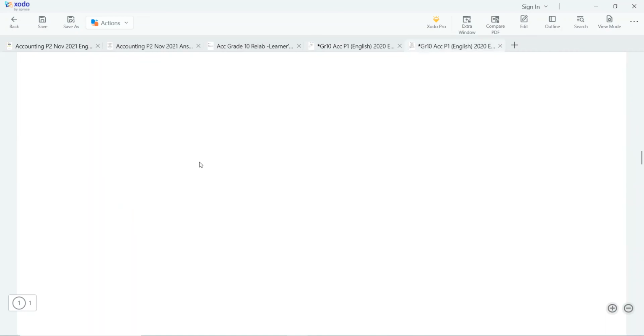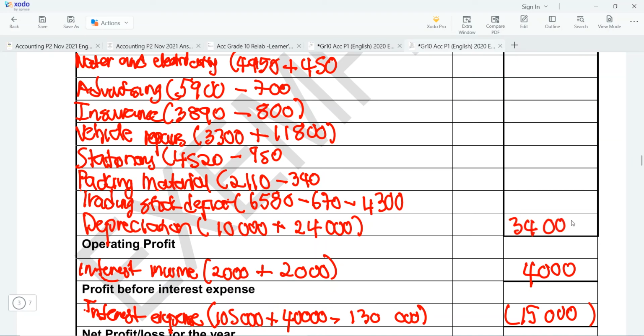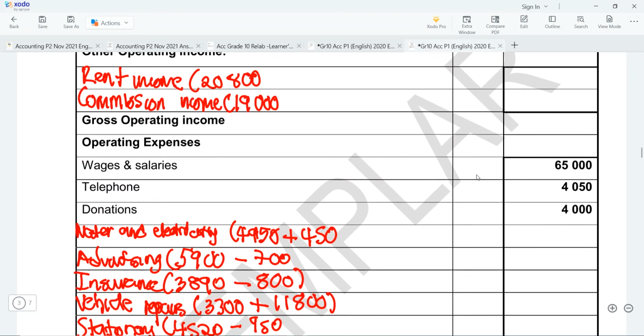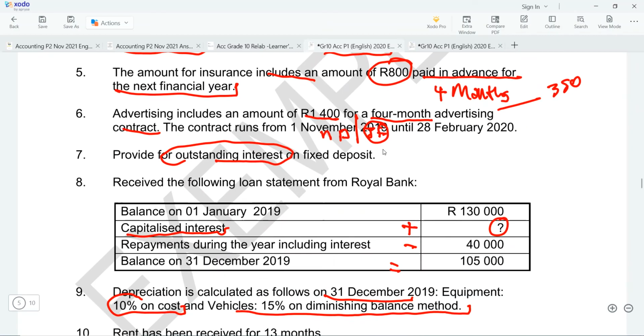So when we go to depreciation, we're going to say depreciation, 10,000 plus 24,000 that we calculated, and it will give us 34,000. Okay, and then from there we can just go and close off all our amounts so that we can look for totals. Okay, so now we also need to consider the rent income adjustment. I nearly forgot about it.